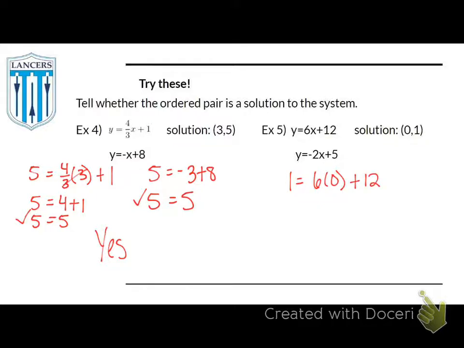I don't think it would work in either of them, actually, but we just need one of them to fail to show that it's not a solution. This one does not work, so no, it's not a solution. Do we have questions about deciding whether or not something's a solution to a system? Okay, then we'll move on.